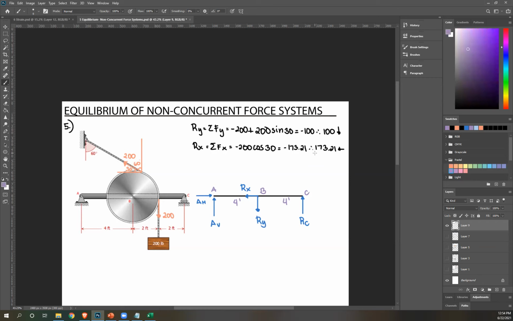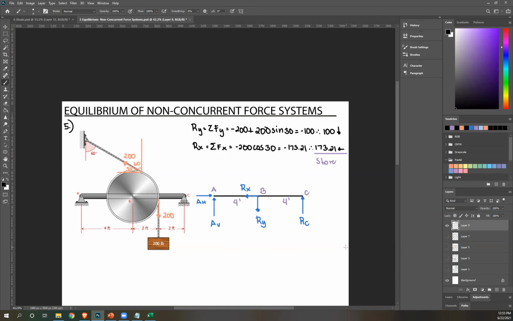Okay, then store that value. And so again, Rx to the left. The signs of your resultant just indicate its actual direction. All right, so now we have this free body diagram.